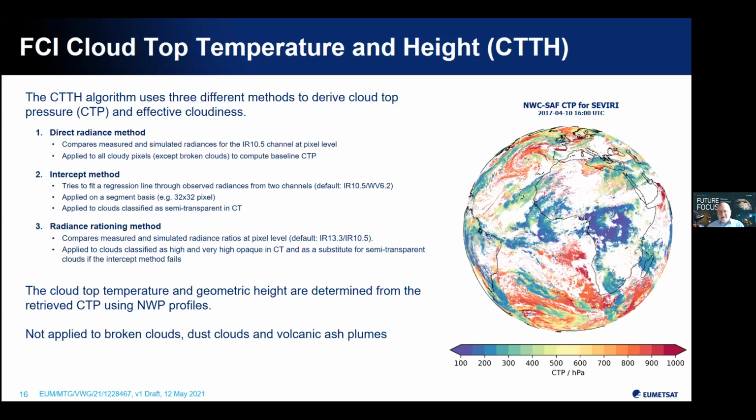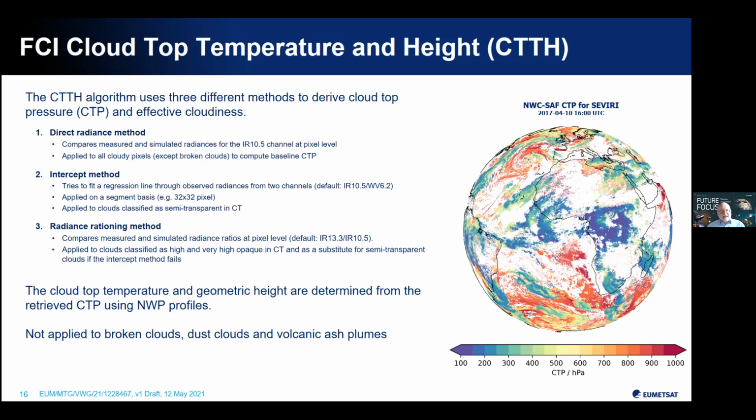The cloud top height algorithm has sort of three different methods. For opaque clouds, we use the direct gradients method, but we apply this method to all cloudy pixels because later on, if the other methods are failing, we are going back to the direct gradients method, which will, for all cases, give us a result.